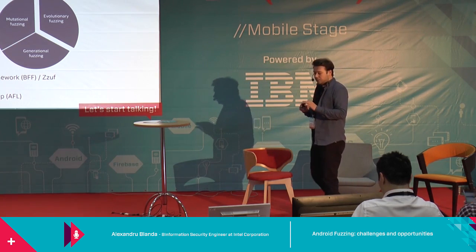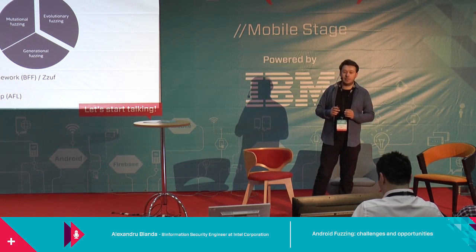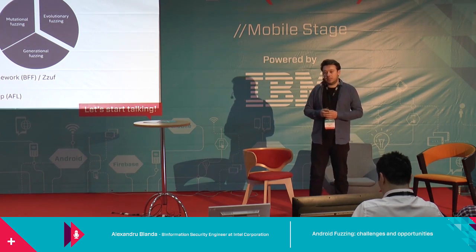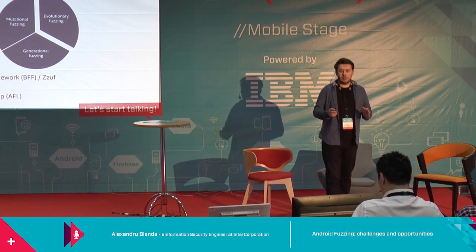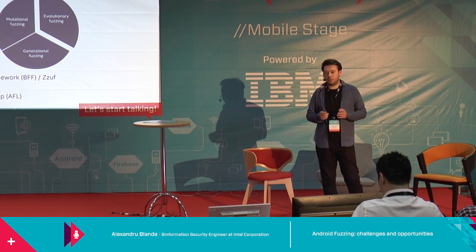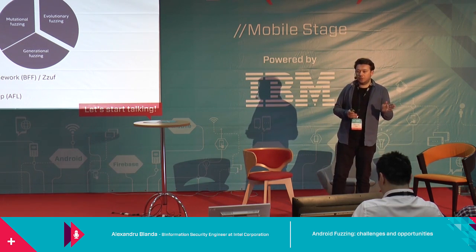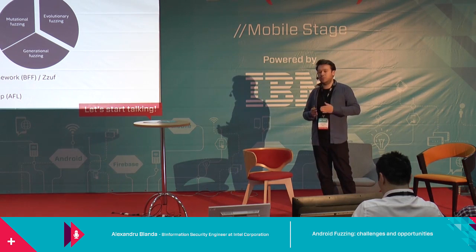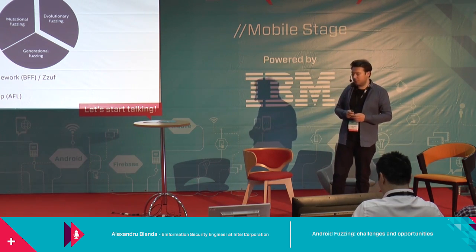Evolutionary fuzzing is a bit different. When building a test case, it tries to take into account the response of the system. For example, it takes into account the code coverage that it achieves during testing. If a test case reached a certain branch of the code, the next one tries to reach further. This would be only an example.